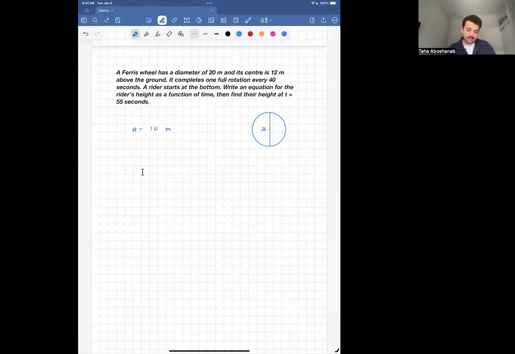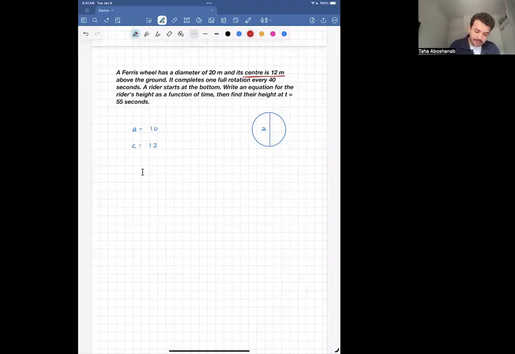If not, we'll continue. The next parameter we can figure out is the center, 12 meters. So we have that c, which is the center or the midline. That is 12, because that's where the middle point is, right? So far, so good. We also have something related to the k.